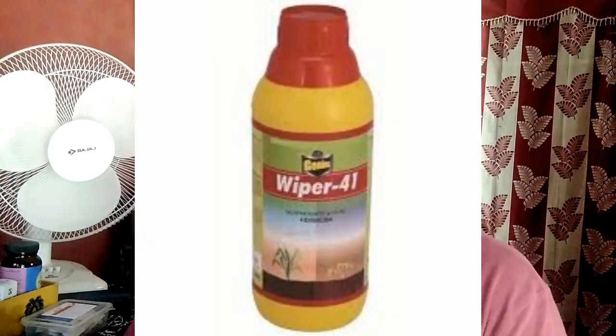This is the information. And the next point is which chemical is used for weedicides. Herbicides, also known as weed killers, are substances used to control unwanted plants.